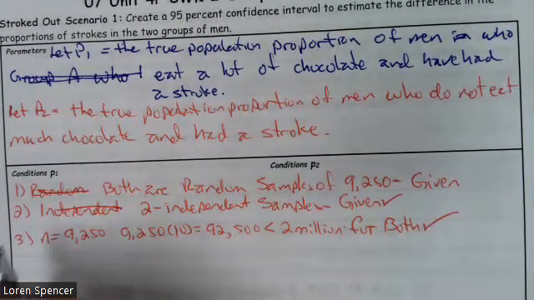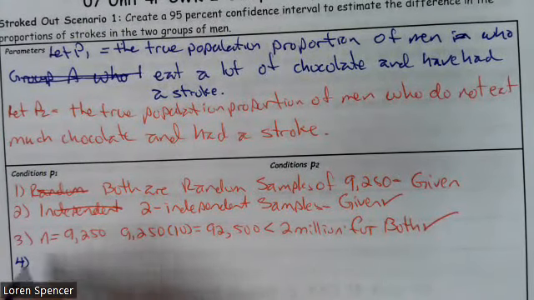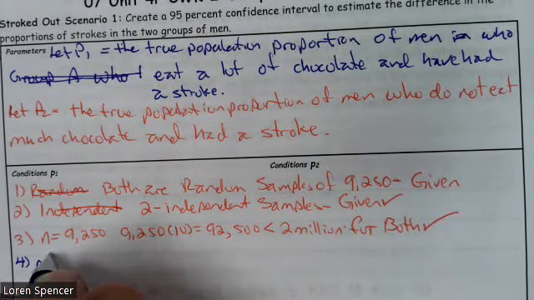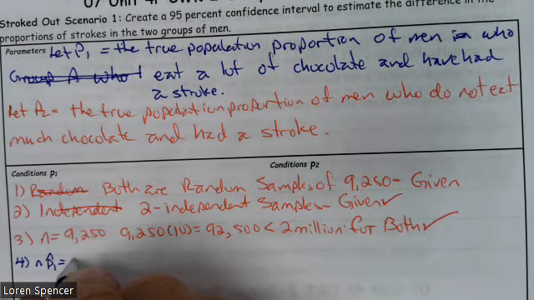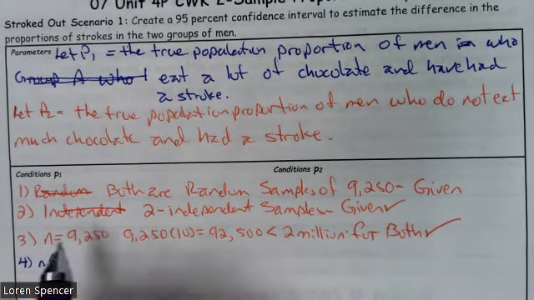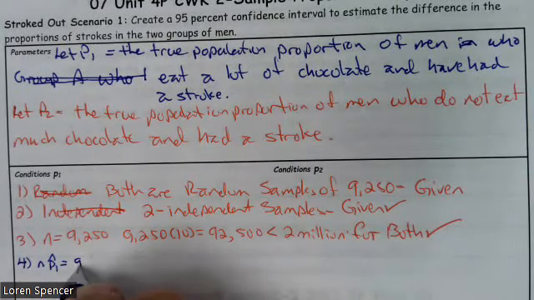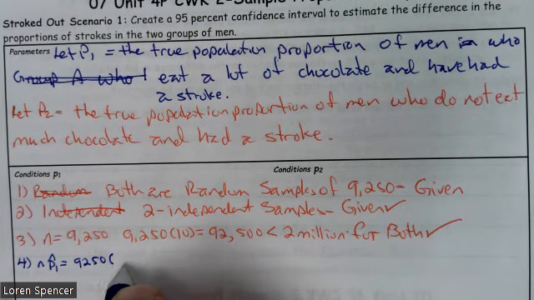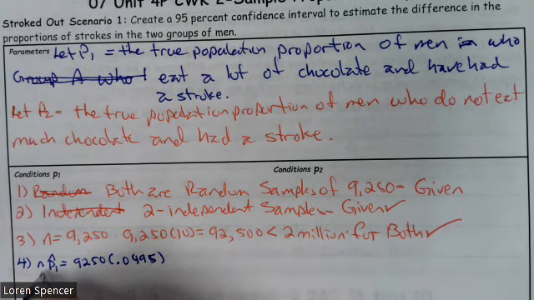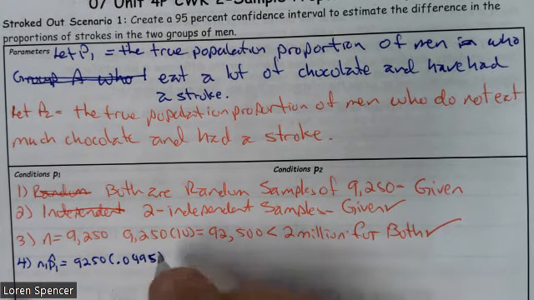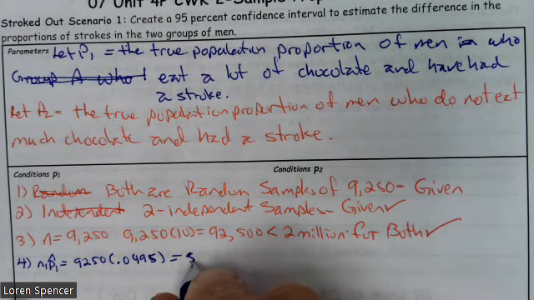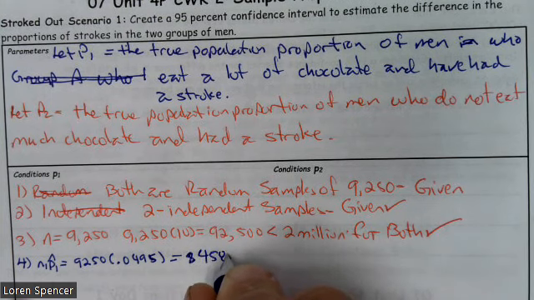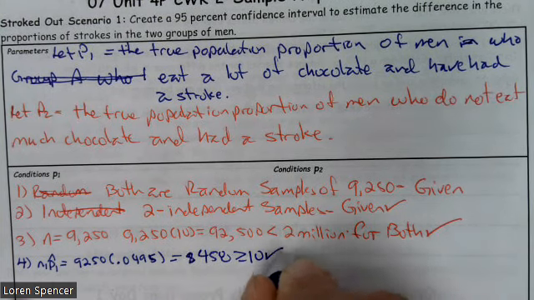Number 4 is the normality condition, which I consider the most important. We have n1 p hat 1, which is 9,250 times 0.0495, and that equals 458, which is greater than or equal to 10, so that's good.